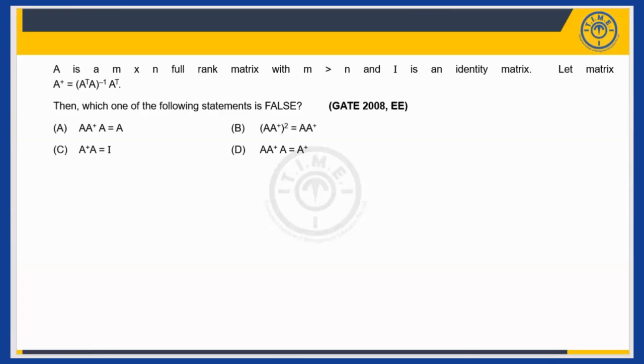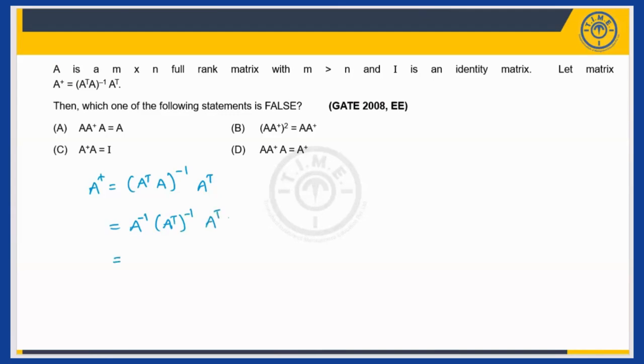So now A plus is (A transpose A) whole inverse into A transpose, or this can be written as A inverse, (A transpose) whole inverse into A transpose.